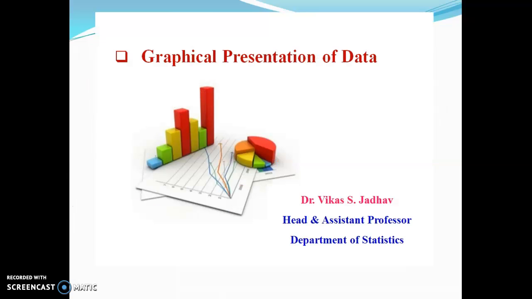Actually, the representation of quantitative data suitably through charts and diagrams is known as graphical representation of statistical information.